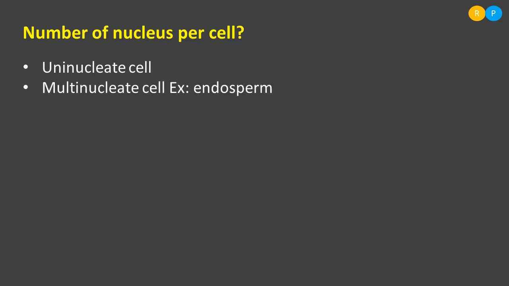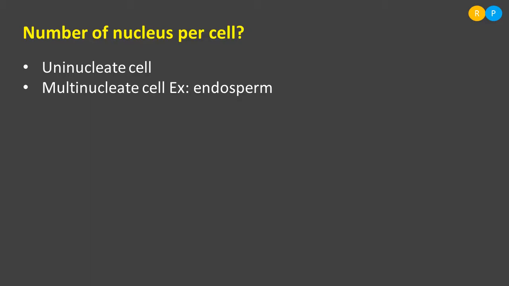And we can also find the multinucleate cell. What do you mean by this? Multi is nothing but many. So some cells consist of more than one nucleus. The best example for the multinucleate cell is endosperm. Endosperm is a nutritive tissue. We can find this nutritive tissue in the angiosperm.